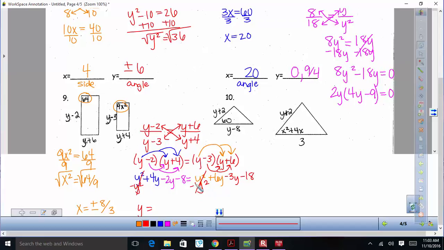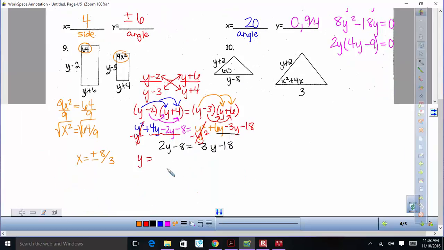Okay, so they actually cancel out, which means we're not going to have to factor. All right? Then what about a positive 4y and a negative 2? That would give us a positive 2y minus 8 equals, what about a positive 6 and a negative 3? A positive 3y minus 18.